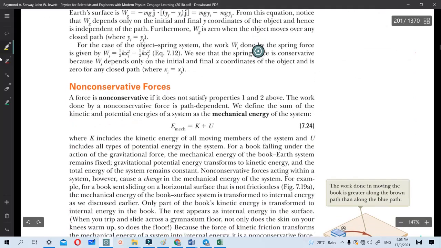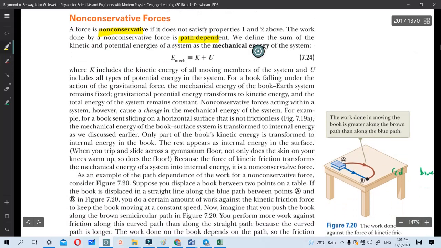Therefore, from the property just now, what is non-conservative? It is just the opposite: it is path dependent. When we talk about friction, for example, friction is an opposing force that opposes the motion.